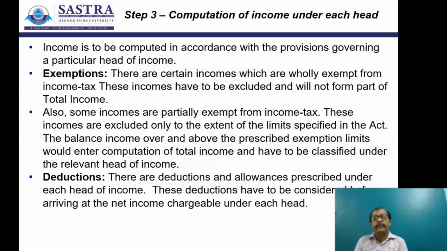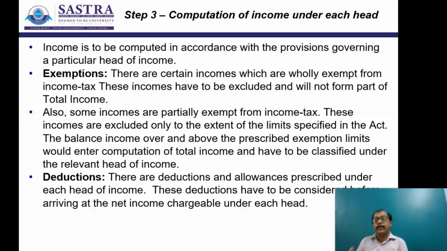Now, computation of income under each head has to be done. Income is to be computed in accordance with the provisions governing the particular head of income. Because sometimes when you have salary, exemptions might be given to the salaried people alone.